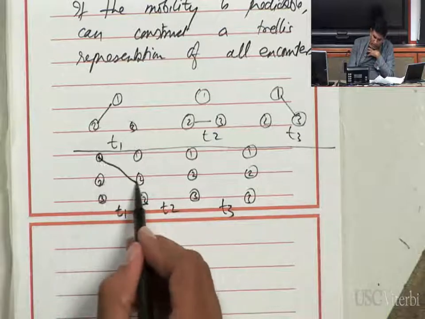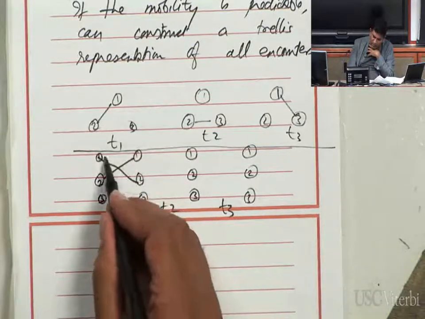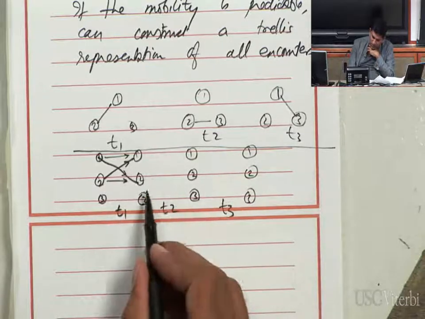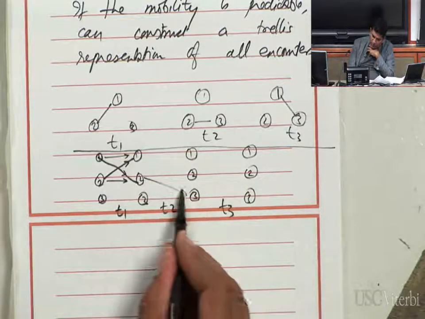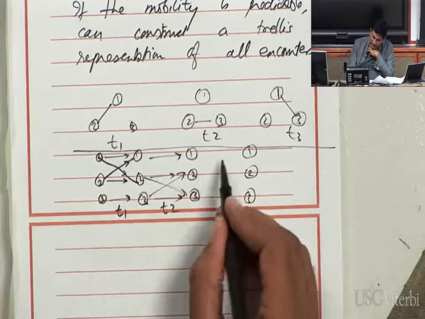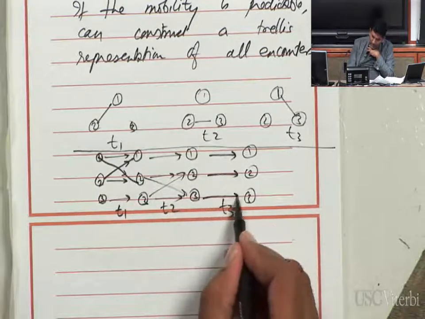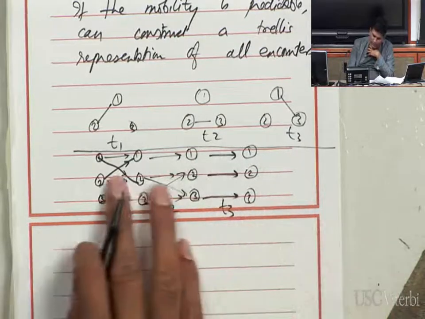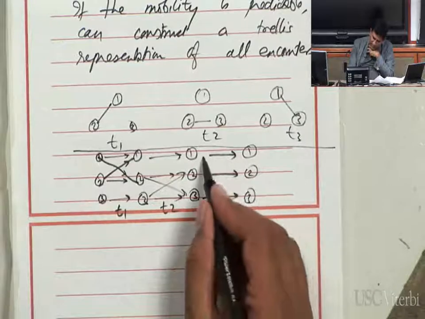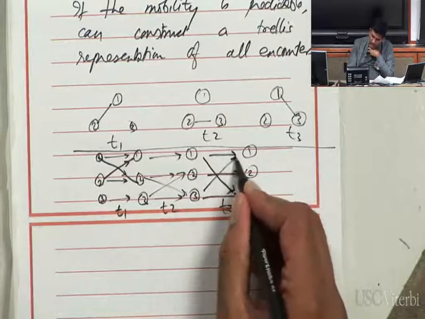And so at time 1, 1 and 2 meet each other, we represent by these edges. And at time 2, 2 and 3 meet, we represent by these edges. We keep the edges between the same nodes over time just to represent that they can store. And finally, 3 and 1 have these edges.